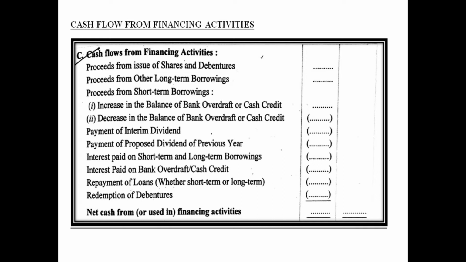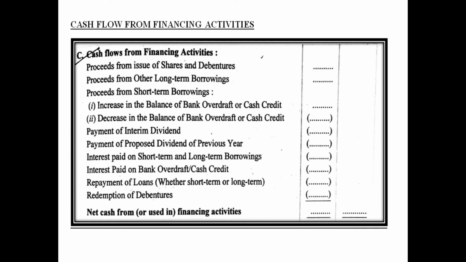If the company has issued its own shares and debentures to some other companies or investors, then in exchange of shares and debentures, money will be invested or the cash will be coming in the company, and therefore it will be a cash inflow. So it will be added under financing activities.